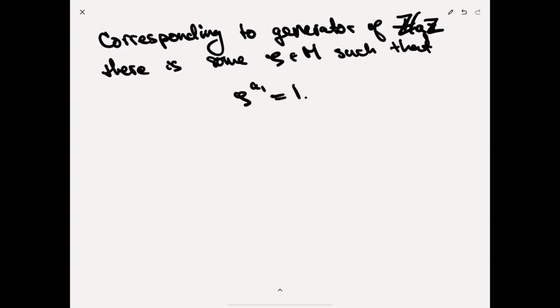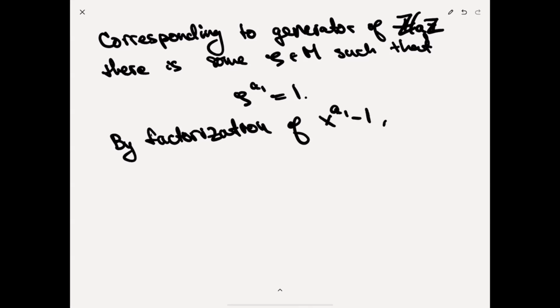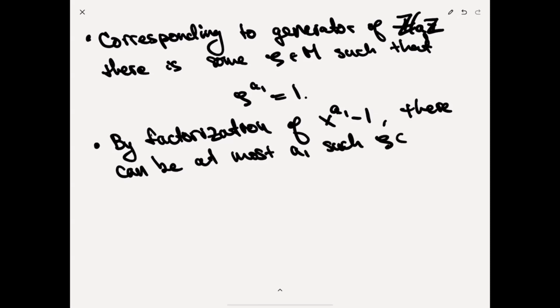And so by factorization of x to the A1 minus 1, there can be at most A1 such zeta in K satisfying this particular equation.